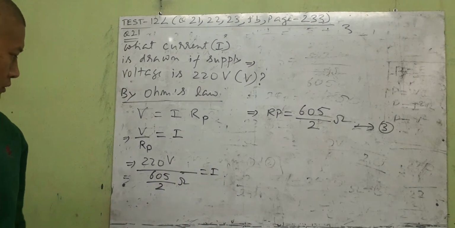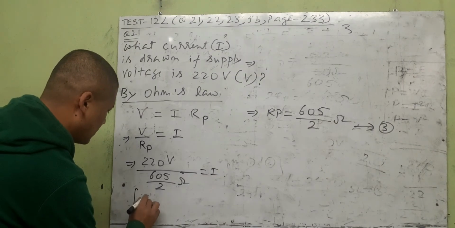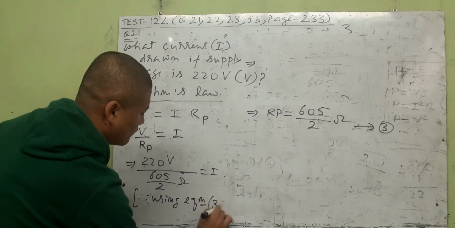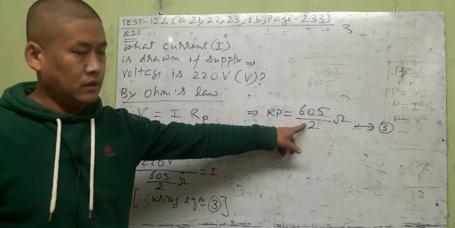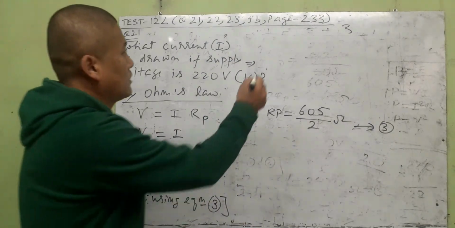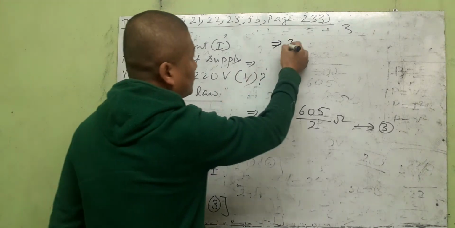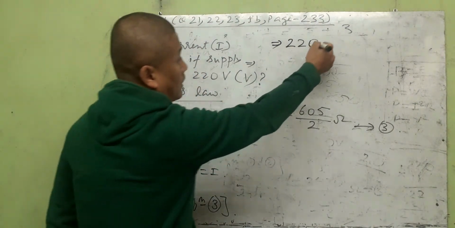Do go about it slowly. Let us go. And we write here, using equation number 3, to put this value of Rp equal to 605 by 2 here. Just a matter of solving patiently. So here 220, just write that. And the longest line here means divided by.